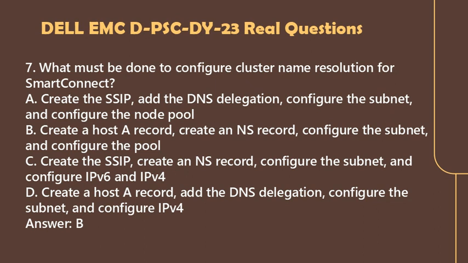C. Create the SSIP, create an NS record, configure the subnet, and configure IPv6 and IPv4. D. Create a host record, add the DNS delegation, configure the subnet, and configure IPv4. Answer: B.